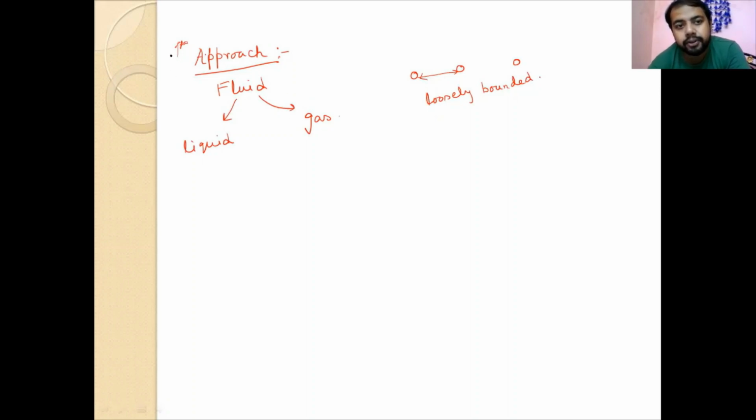So which approach should we use in fluid mechanics? Basically, consider one system. The system definition we have seen in the thermodynamics class: the quantity over which we concentrate is called the system. That means the mass is constant in the case of a system. So there is the system approach.